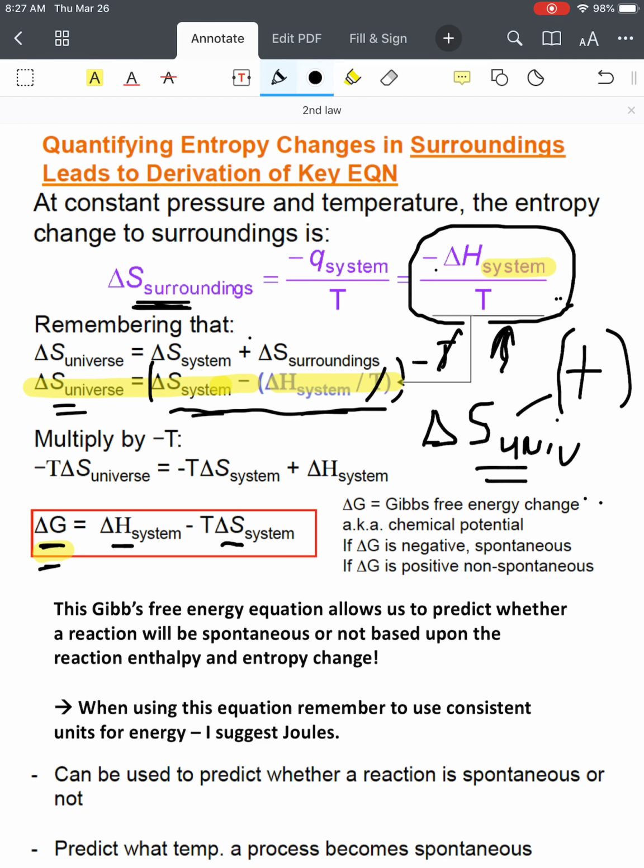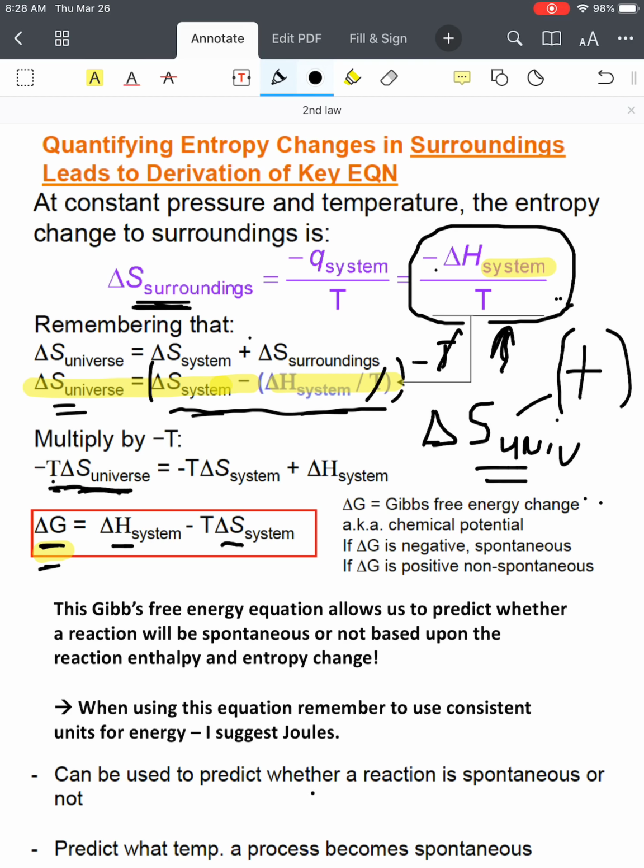So what I'd like to do now is just look right back here for a second. If delta S universe is positive, Kelvin temperatures can't be negative, can they? So what does that mean for us?